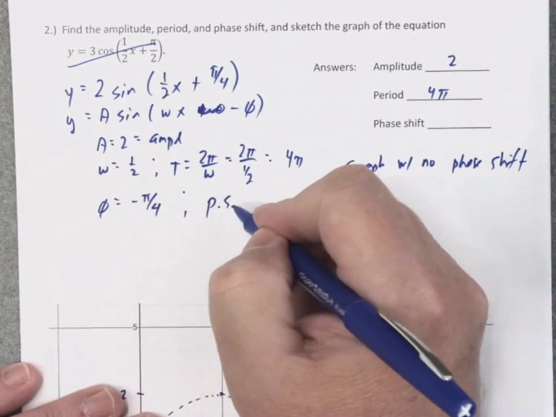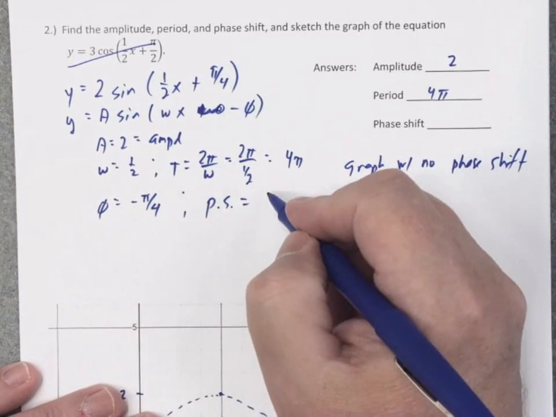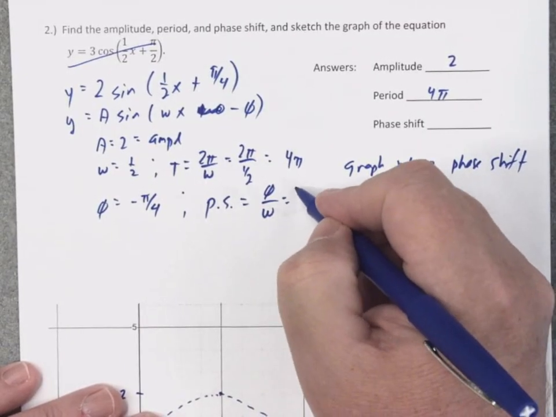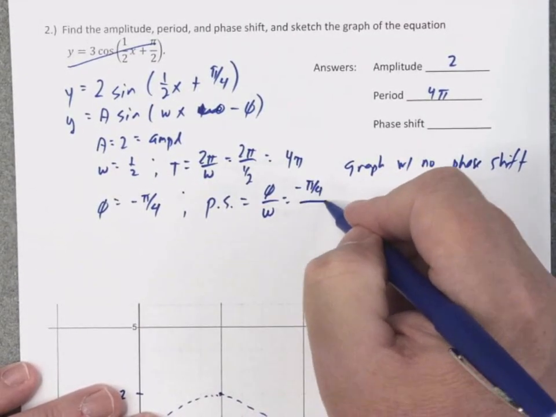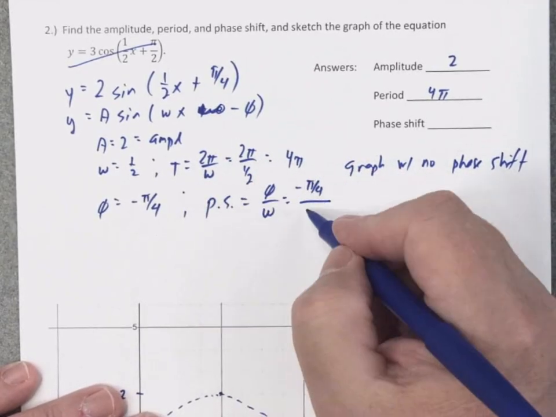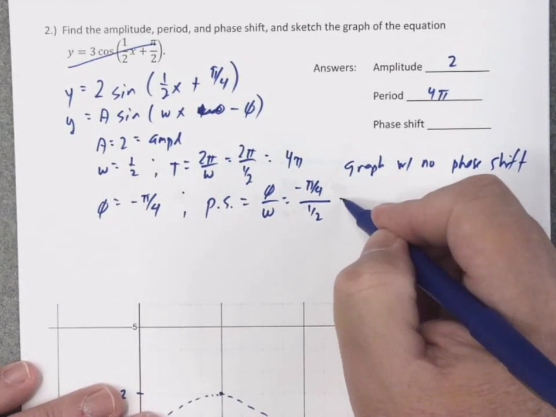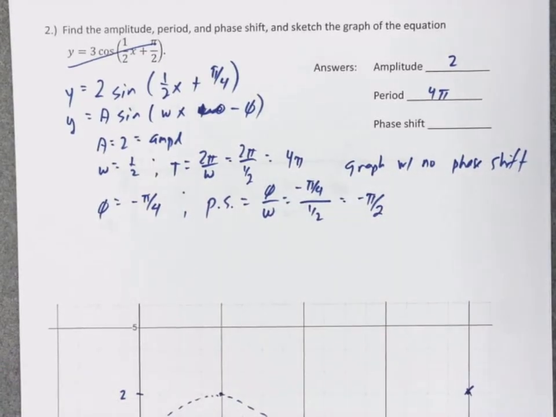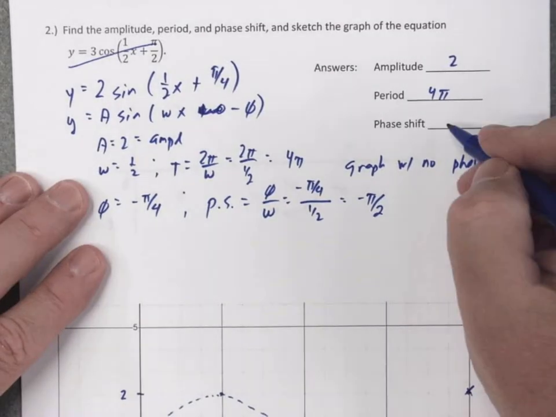And then the phase shift is phi over omega. So phi is negative pi over 4. Omega is 1/2. When you simplify this, you get a phase shift of negative pi over 2.